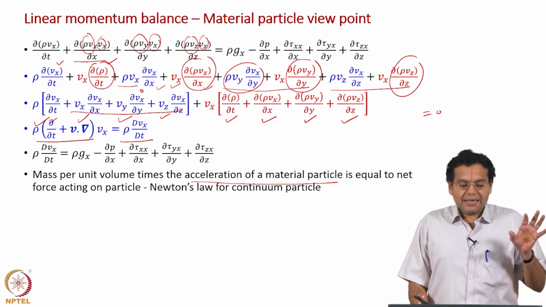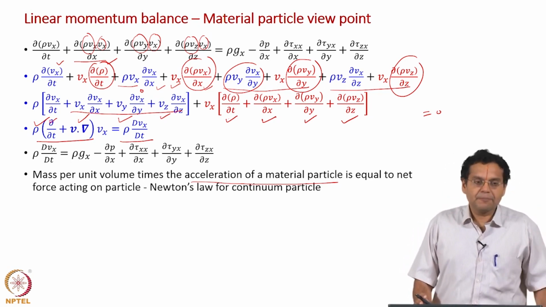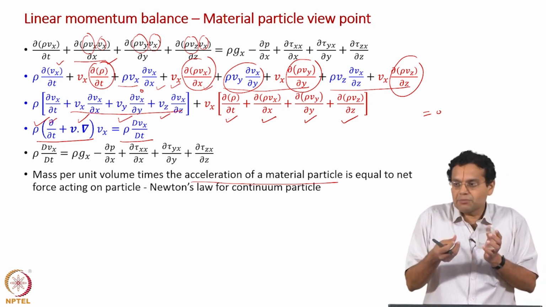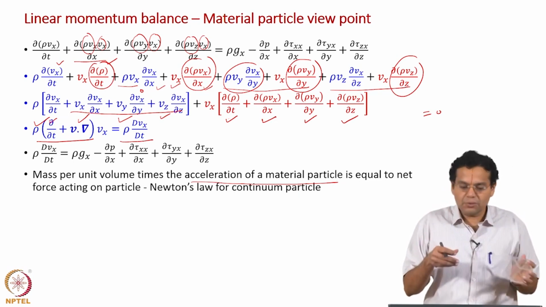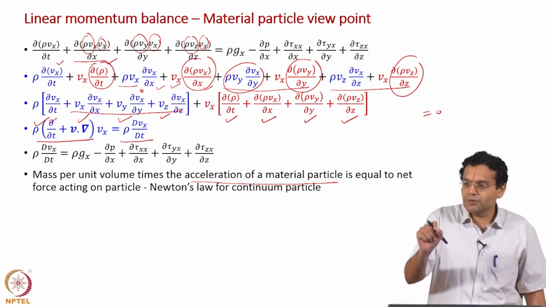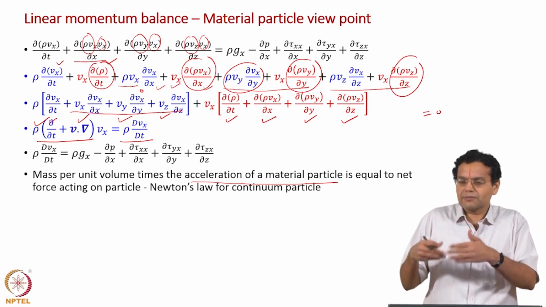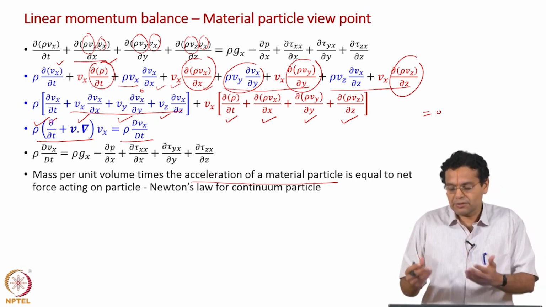So, the left hand side interpretation when we wrote it the first time was, we have a small volume, there is some rate of change of momentum entering and leaving, etc. Now, the left hand side interpretation is different. You are following a fluid particle and it represents mass into acceleration of that fluid particle, of course divided by volume, density into acceleration of that fluid particle.